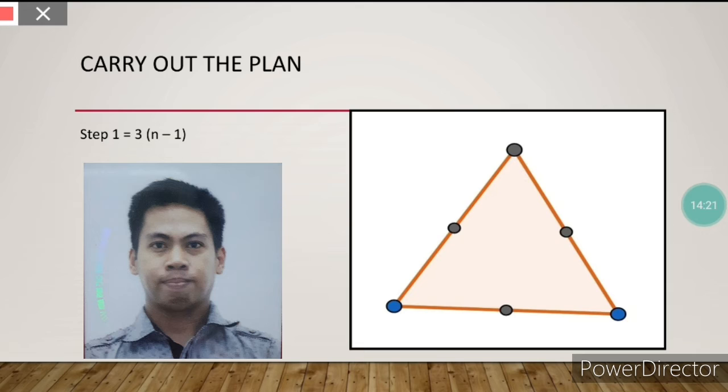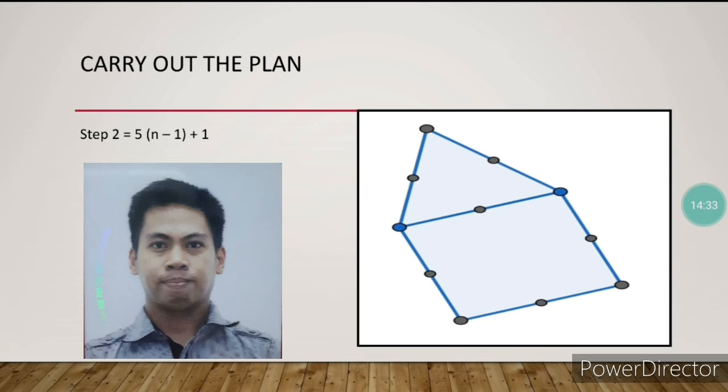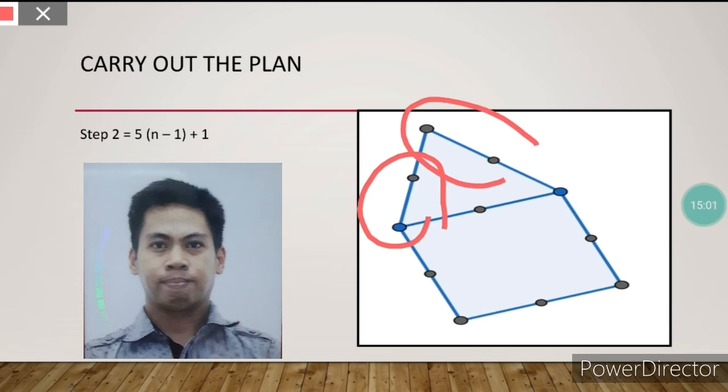Now, in step 1, the formula in finding the total number of dots is equal to 3n minus 1. In step 2, the formula in finding the total number of dots is equal to 5n minus 1 plus 1.